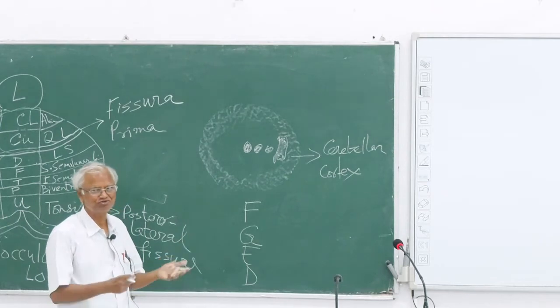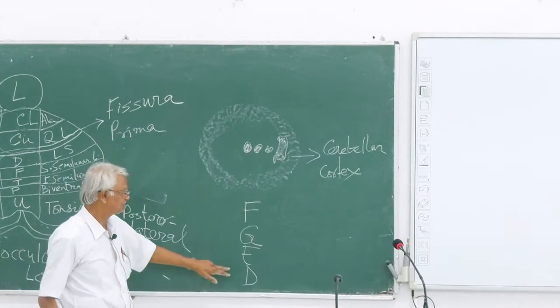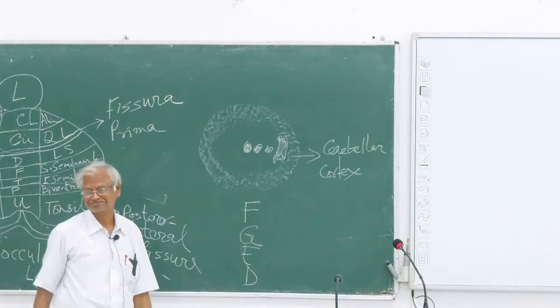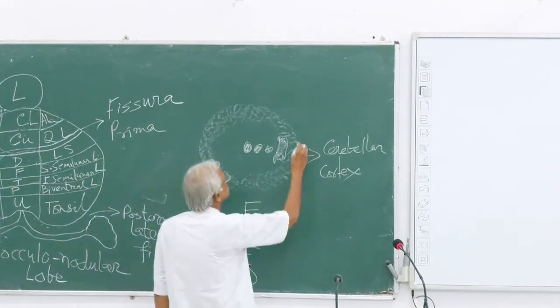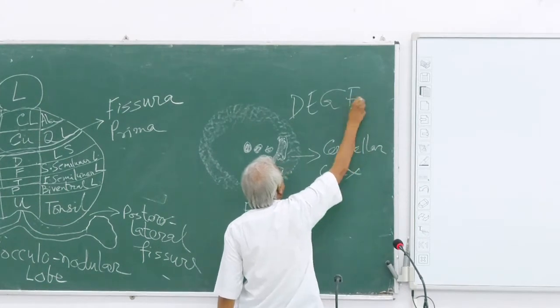It will be easy to remember which one is medial and which is lateral: not D, E, F, G, but F, G, E, D.